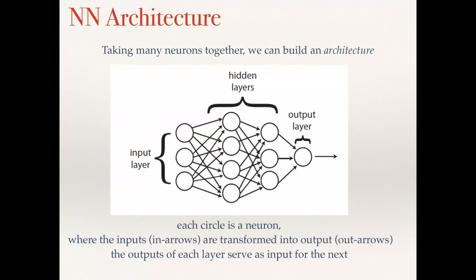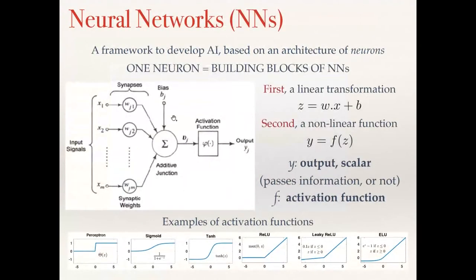I'm a bit confused. So each of these circles refers to a weight. Let's suppose that we just have one line.